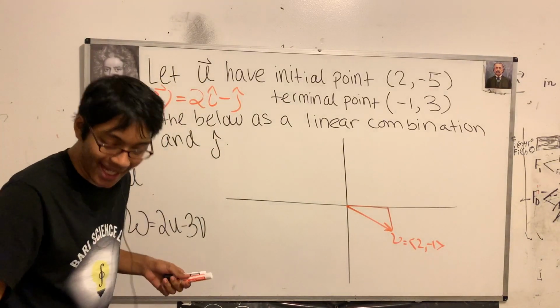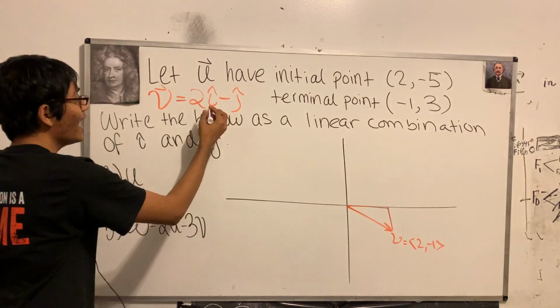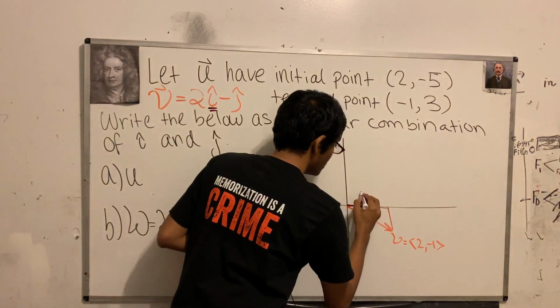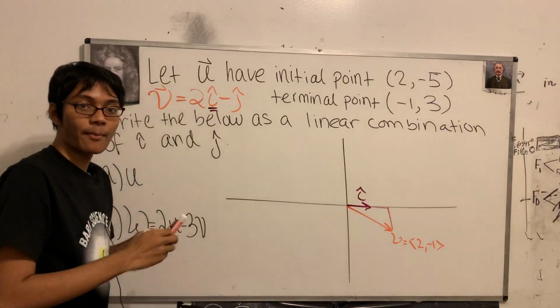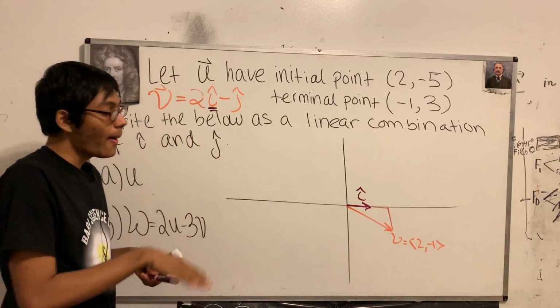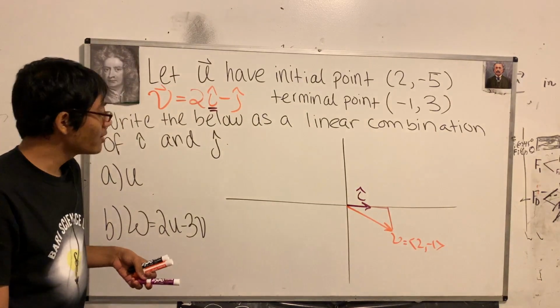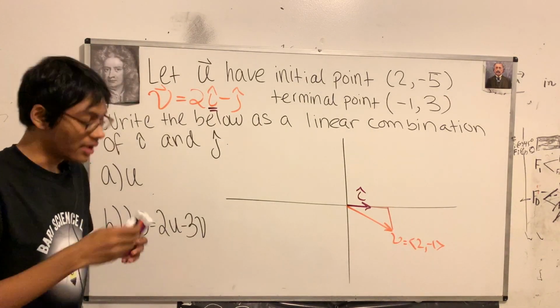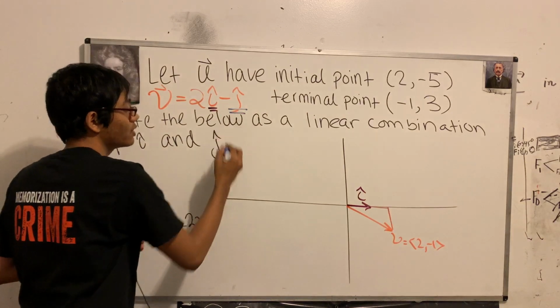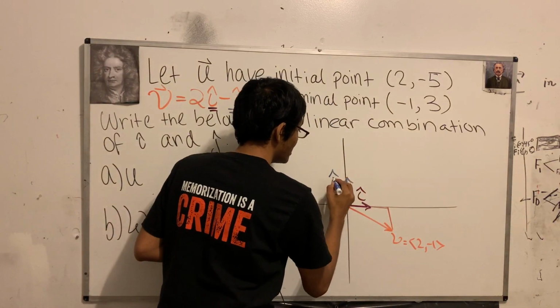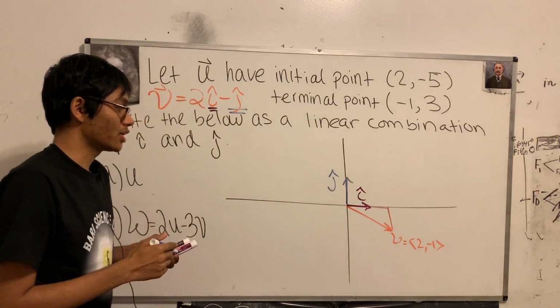When I say i hat, what do I really mean? I hat right here is simply the unit vector in the x direction, right? It has a magnitude, a size of 1, but its direction is in the x direction. What do I mean by j hat? Let me use blue here. Well, j hat is the same, but it's the unit vector in the y direction, right?